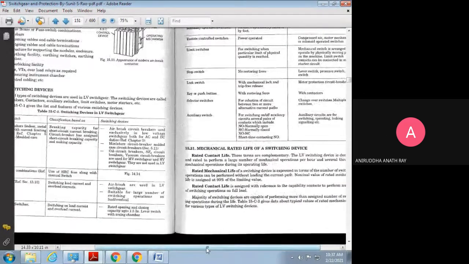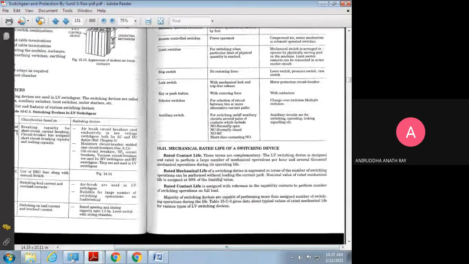See, even in SSO chapter number 15, they have mentioned the rated mechanical life of a switching device. It is expressed in terms of the number of switching operations that can be performed without loading the current path.